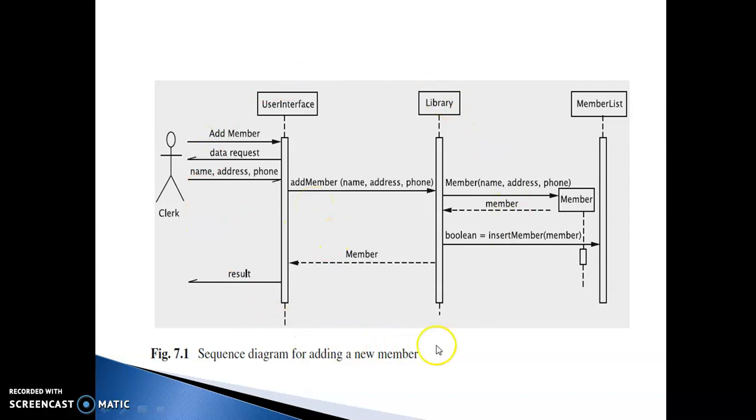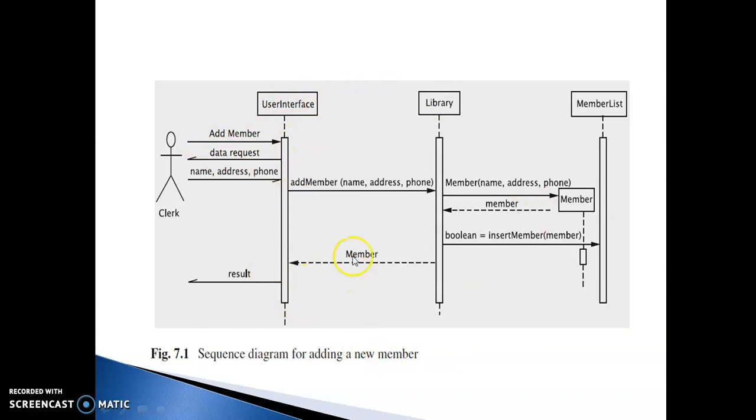So first, if you want to avail the service of a library, you should be a member of the library. So how will the UML diagram or a sequence diagram help you to understand adding a new member into the library information system? Add member will be the request for the user interface.